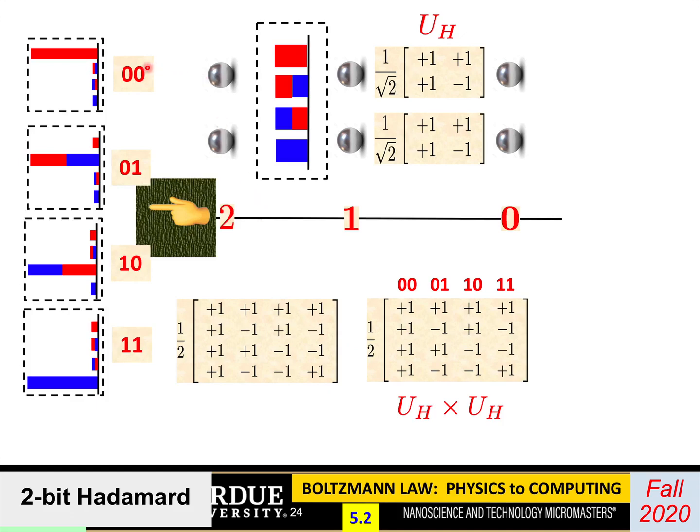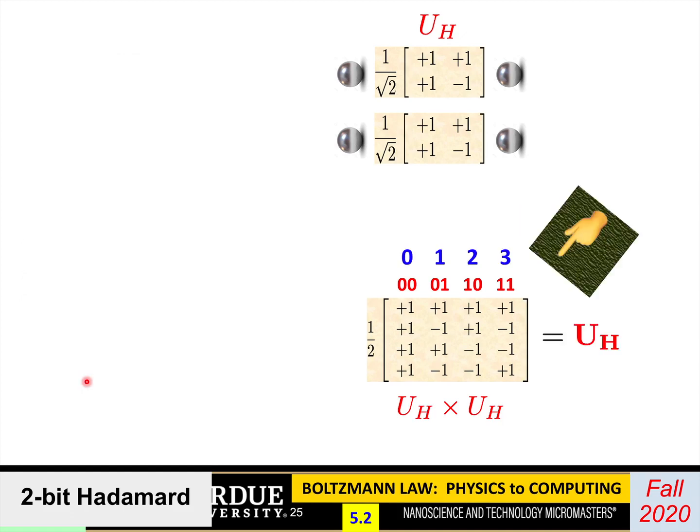So if you started with 0, 0, you'll get something peaked right there. Started with 0, 1, you'll be peaked in 0, 1. 1, 0, it'll be peaked in 1, 0, and 1, 1, it'll be peaked in 1, 1. So that's the amazing thing about this Hadamard gate: apply it once, it spreads out, looks like all the information's lost, apply it again, and it comes back right where you were.